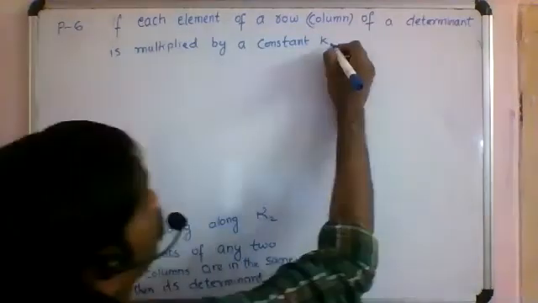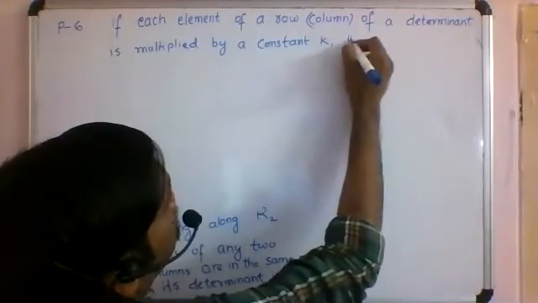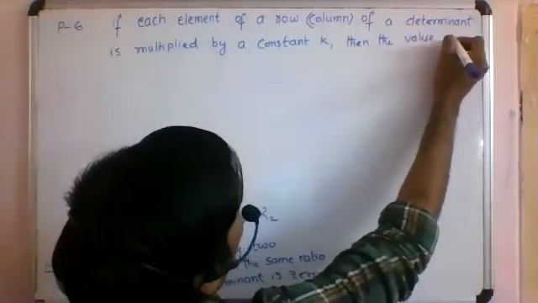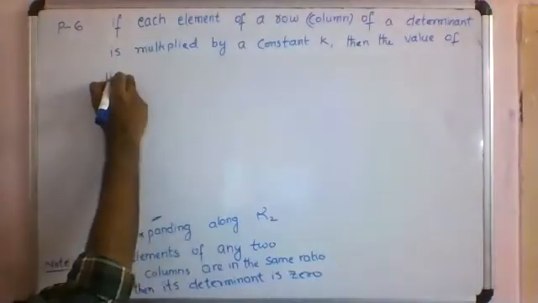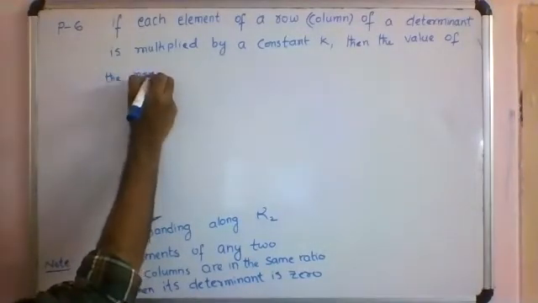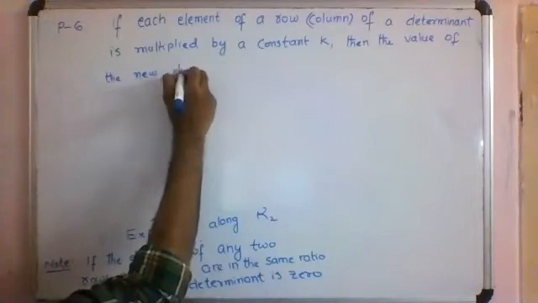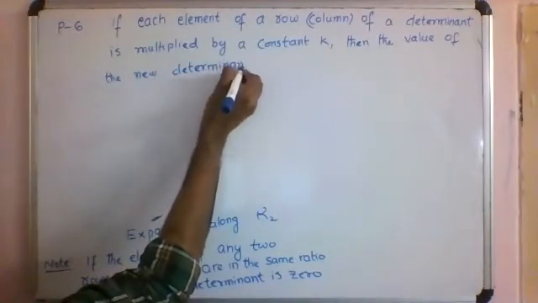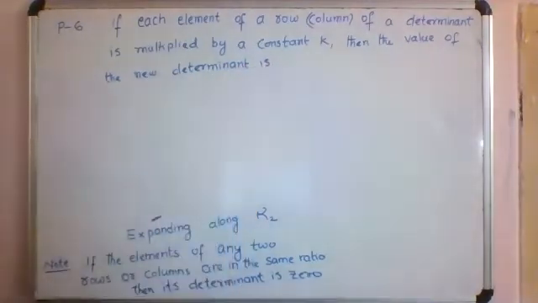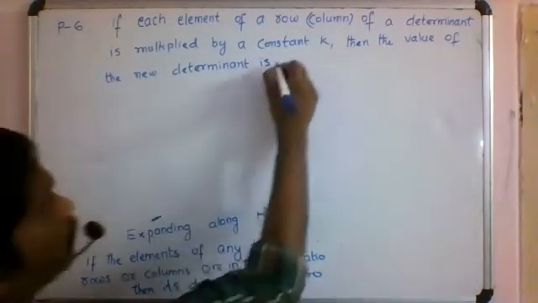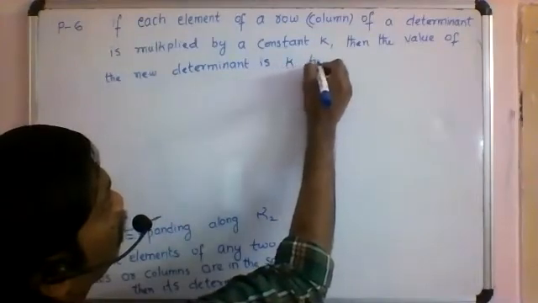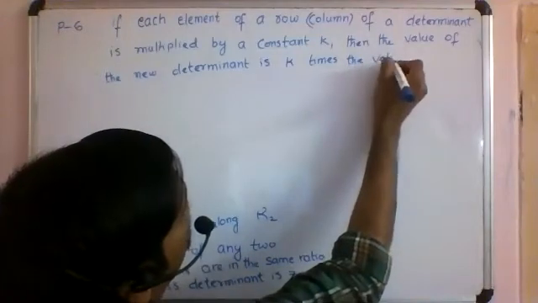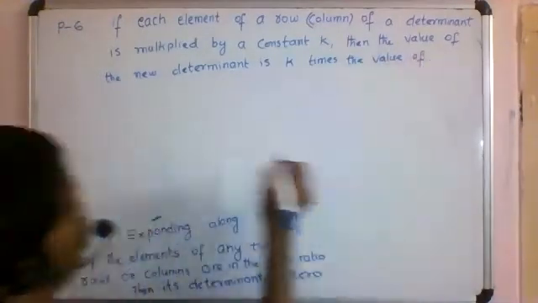Then the value of the new determinant is k times the value of the original determinant.